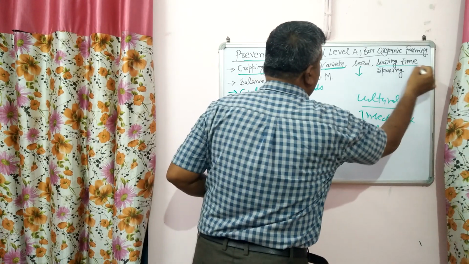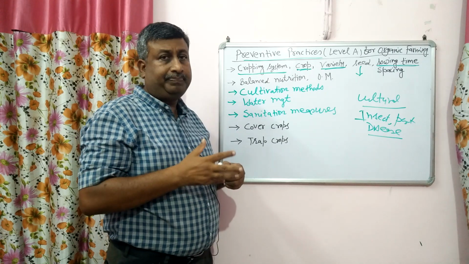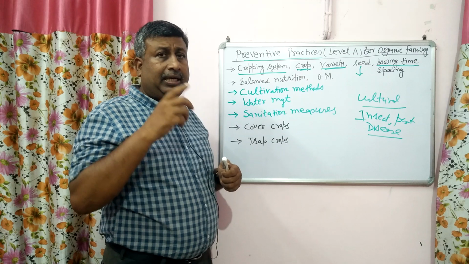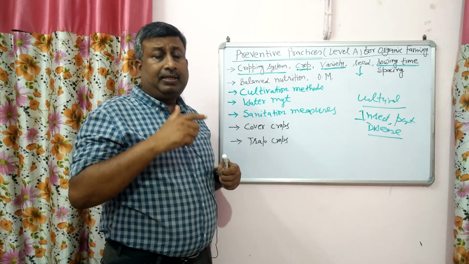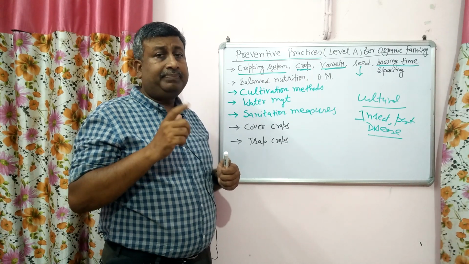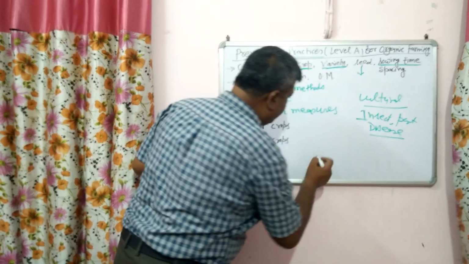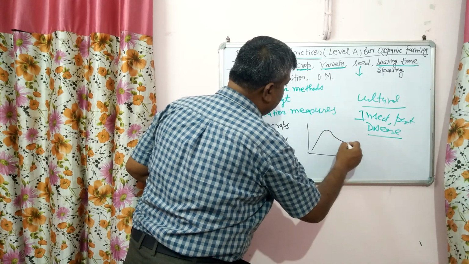Then sowing time is very important, because our practices are aimed at preventing an increase in population. Pest or insect dynamics is such that their population increases with time, and at some point reaches a high level. Suppose this is the time graph: the pest population increases like this and then starts to decrease.